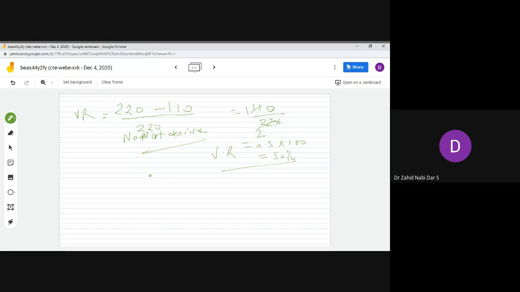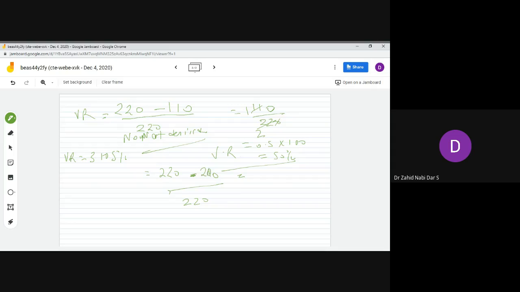In case of voltage regulation, it should be between 3 to 5%. So if this is 220, this should be around 210, divided by 220.